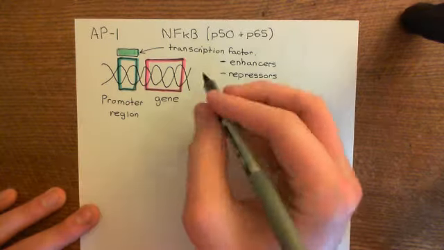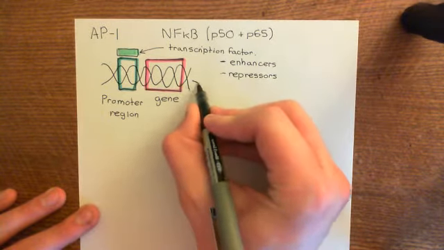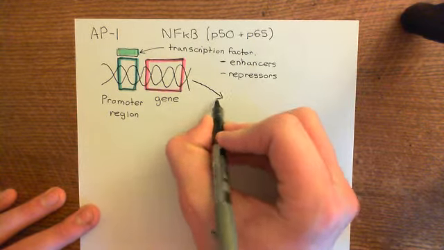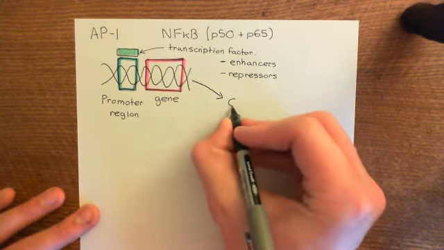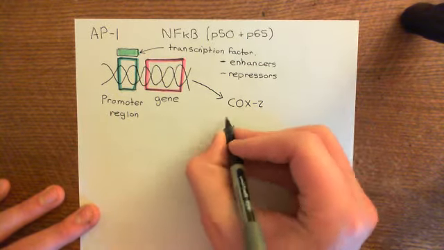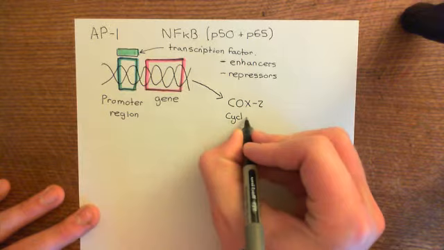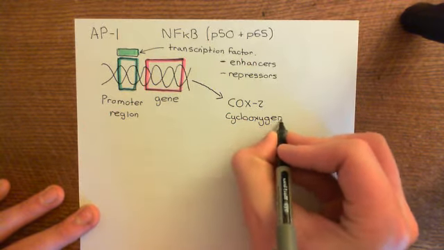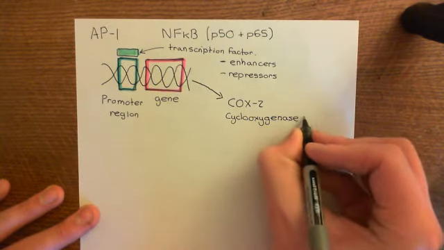Okay, so one of the starting genes, the gene that we're going to start off with, that's going to have its expression increased, is a very, very famous protein. It's called COX-2, which stands for Cyclooxygenase 2. Okay, now what does Cyclooxygenase 2 do?